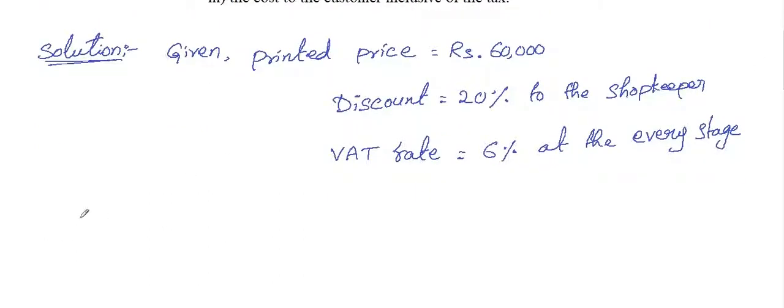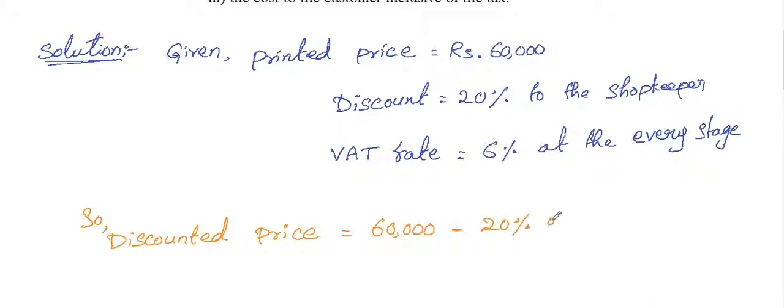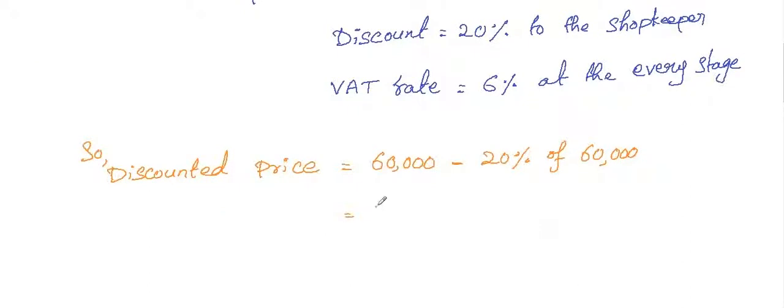So first, find the discounted price, the price after 20% discount. The discounted price is 60,000 minus 20% of 60,000. Here 60,000 is the printed price. So 20% of 60,000 means 20 divided by 100 into 60,000.